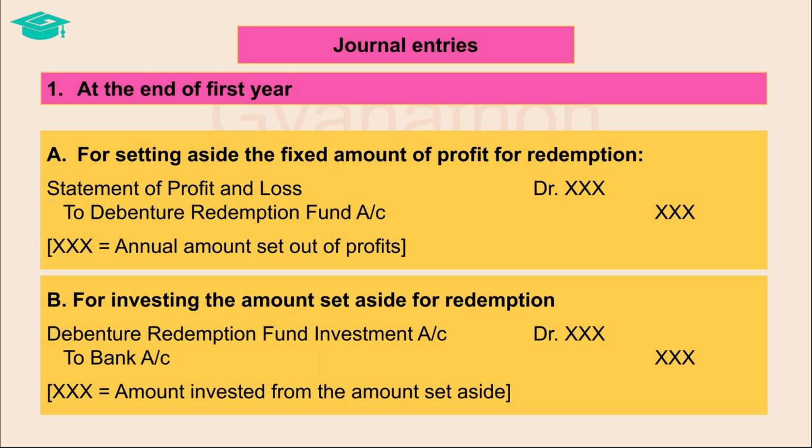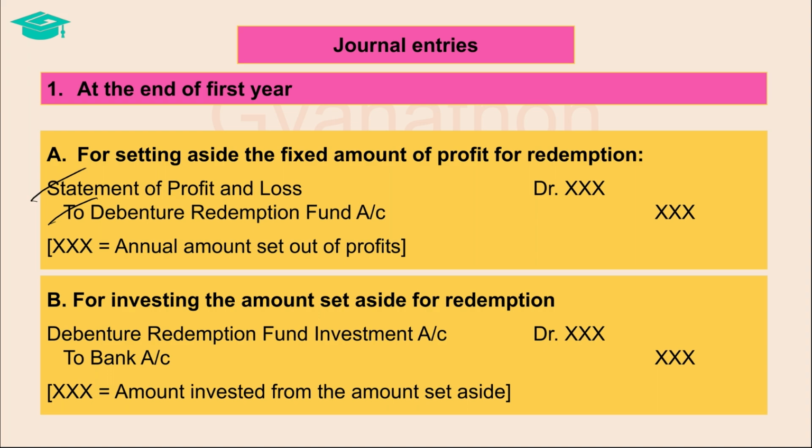This is done by debiting the statement of profit and loss with such ascertained amount that has to be set aside. The corresponding credit is given to the debenture redemption fund account. The statement of profit and loss is debited in order to remove such amount from the statement of profit and loss. The amount so ascertained has to be transferred to the debenture redemption fund account. That is why the debenture redemption fund account is credited.